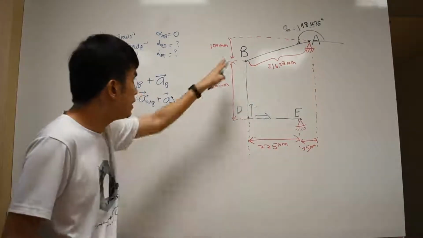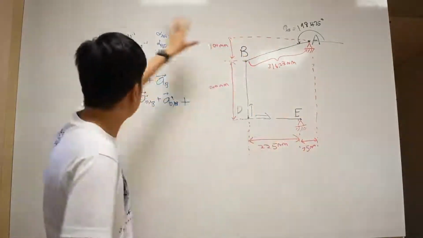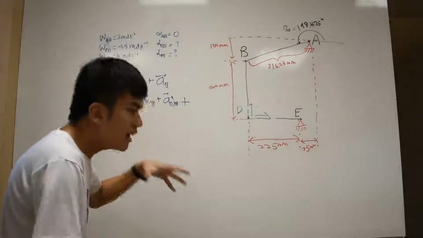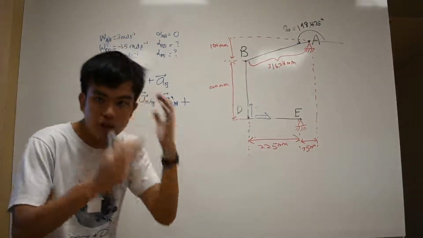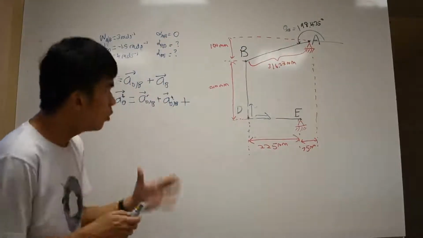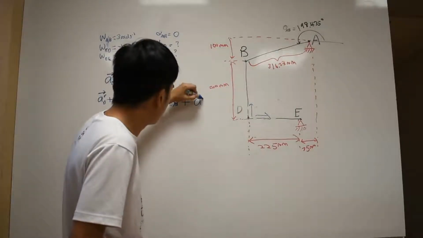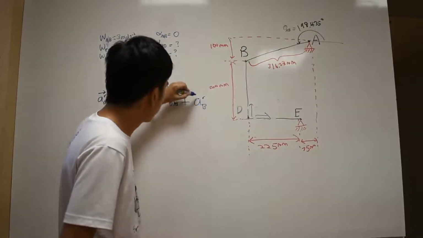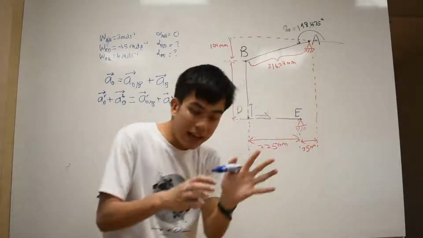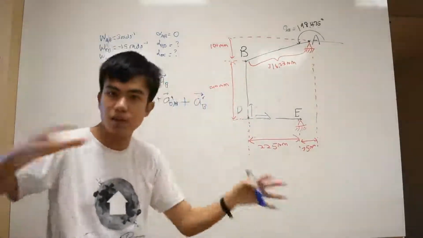We know that B is going at a constant angular velocity around A, because omega AB has a constant angular velocity of 3 radians per second. Constant angular velocity means that the angular acceleration is 0. So in this case, the acceleration of B is only the centripetal or radial acceleration of B. With respect to what? With respect to us, or with respect to A, because A and us are not moving, so A shares the same reference frame as us.